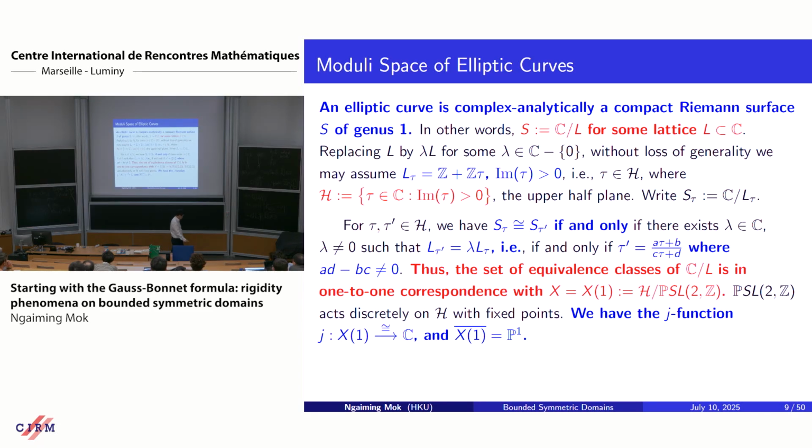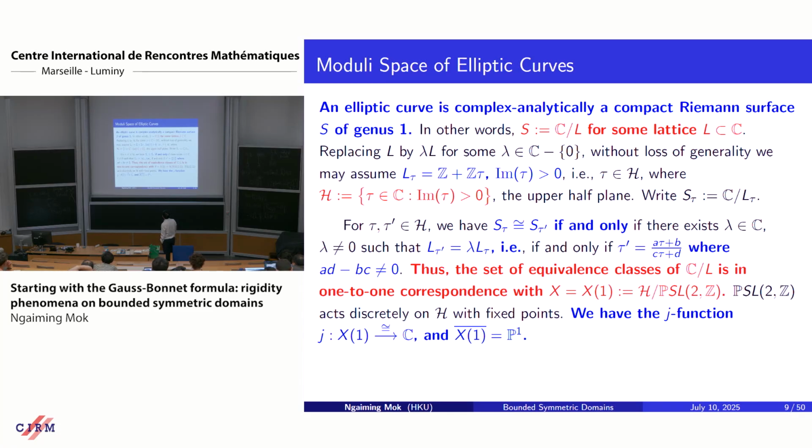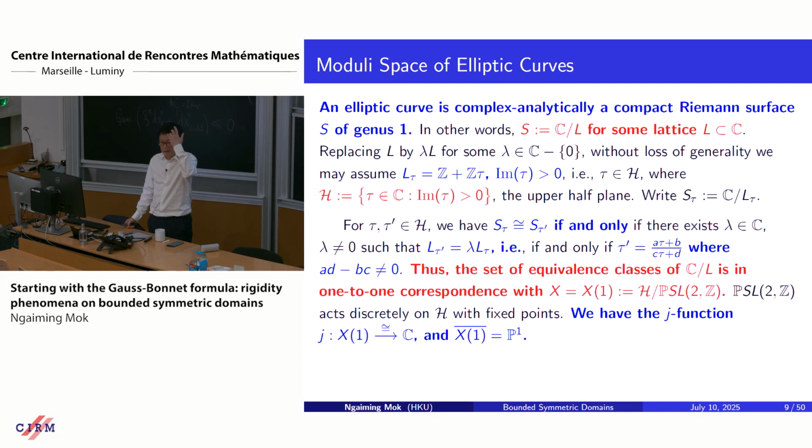Okay, so an elliptic curve is C mod L, and this is very classical: two lattices define equivalent elliptic curves if and only if there's a relation given by SL(2,Z). So this is the J function. The J function serves as something like the exponential function, except that when you mod out by SL(2,Z) or PSL(2,Z), you have fixed points.